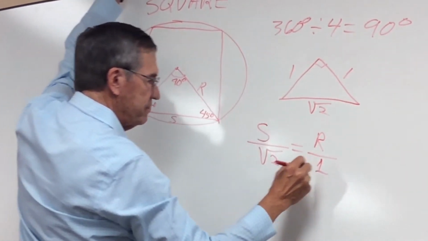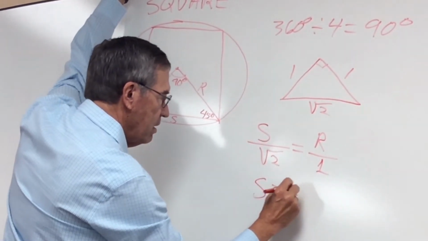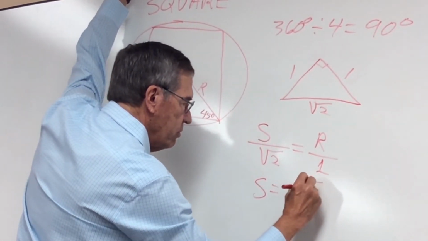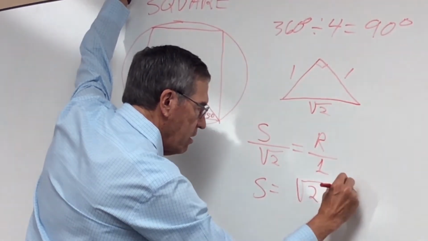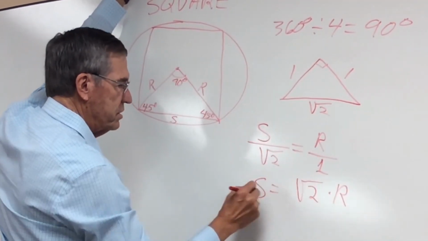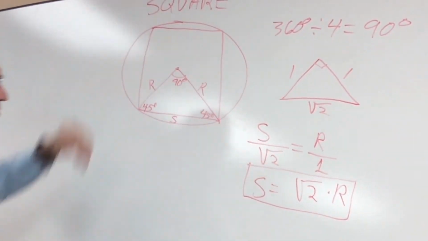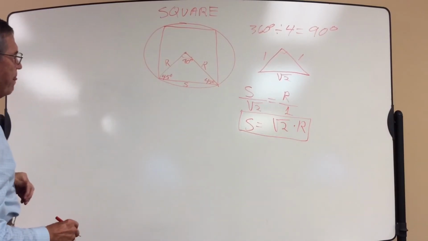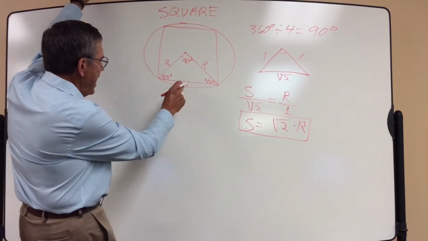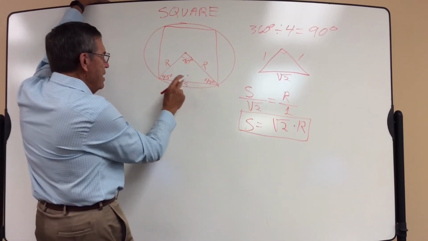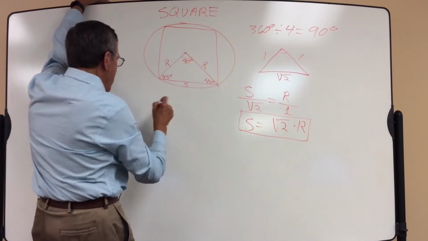Solving for S, square root of 2 times R over 1, so just S equals the square root of 2 times R.